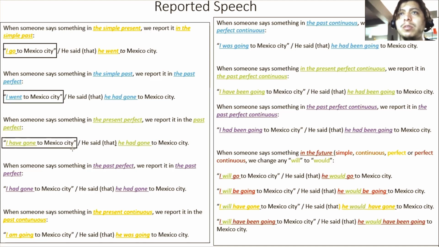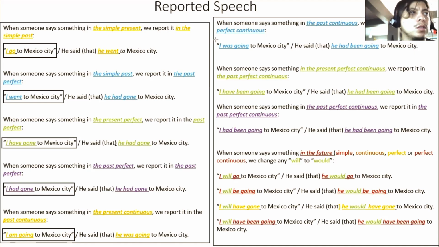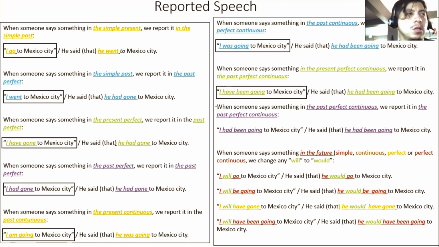Again, this is direct speech. I am going to Mexico City. I was going to Mexico City. I have been going to Mexico City. I had been going to Mexico City.